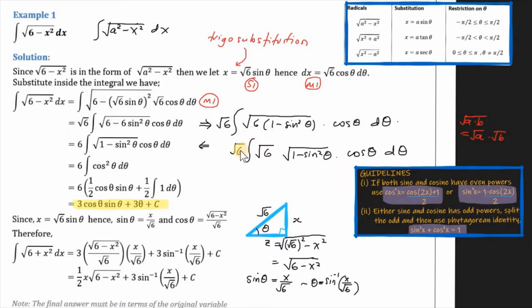So we have the square root times the square root, which is 6, and we are left with this, and cosine theta remains there. For this part, you are supposed to get a square: use the Pythagorean identity, 1 minus sine squared is cosine squared. So change it into cosine squared, square root.